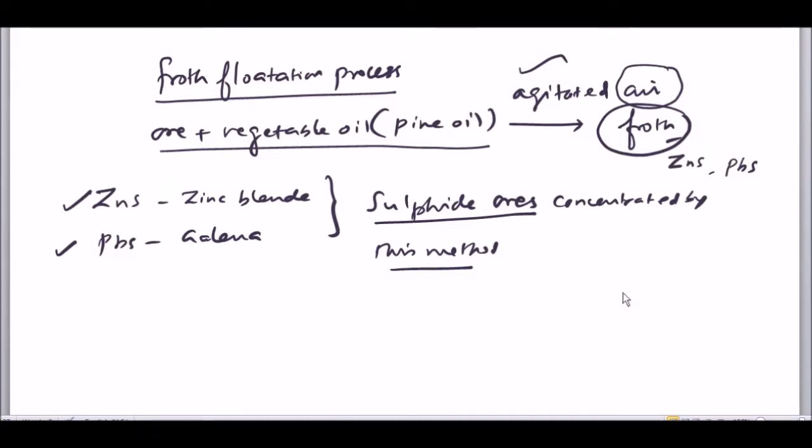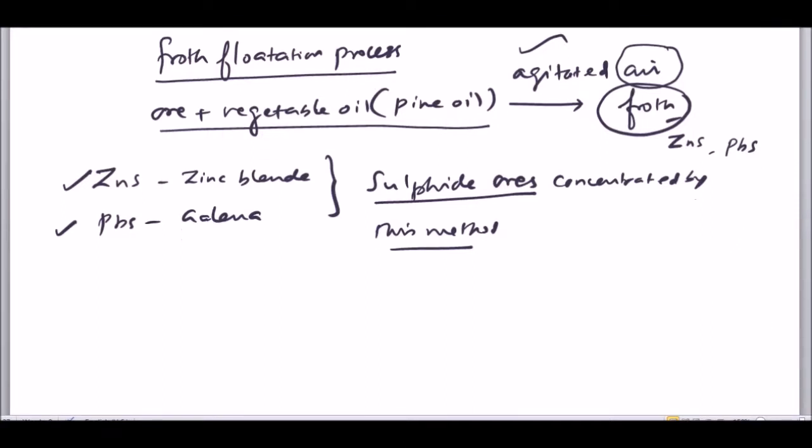This concentration process is called the froth flotation process. The metallic part is wetted with suitable vegetable oil. And here we must have an important note.